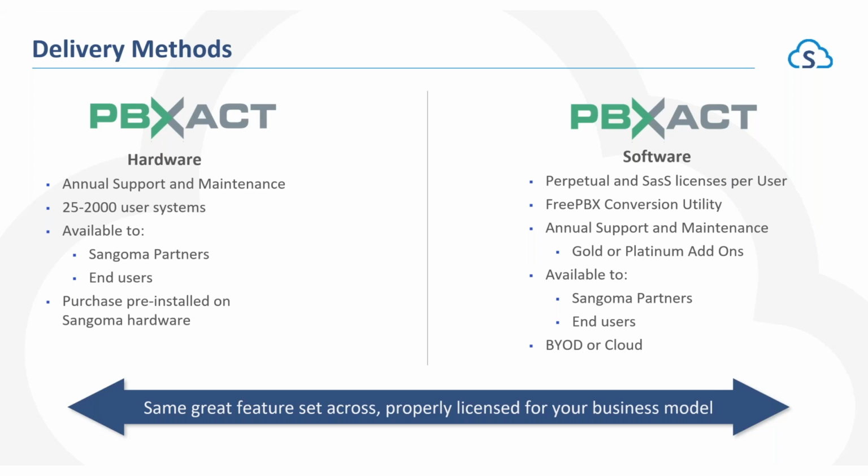Then it's software and a per user license. On top of that, you can have support licenses on the hardware and on the software. And it's available for Sangoma partners and even for end users, they can buy them. So both of them have the same feature set across both licenses.